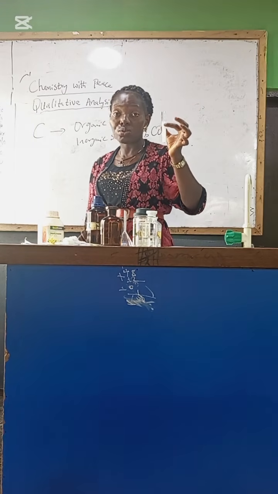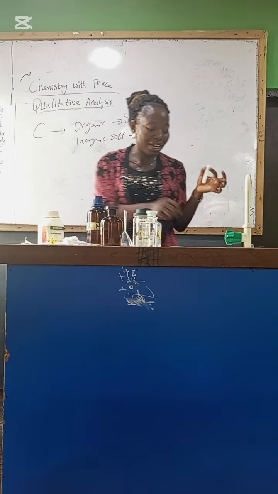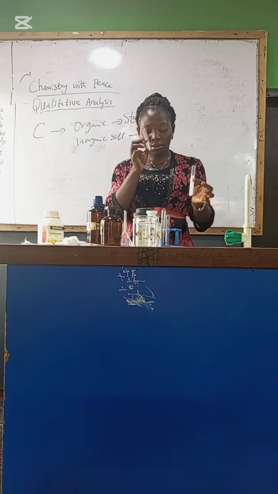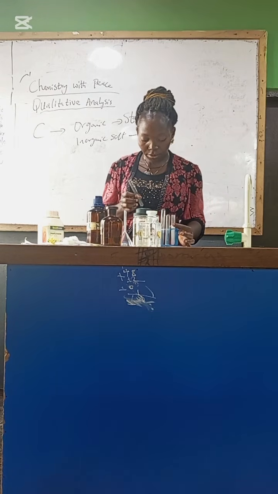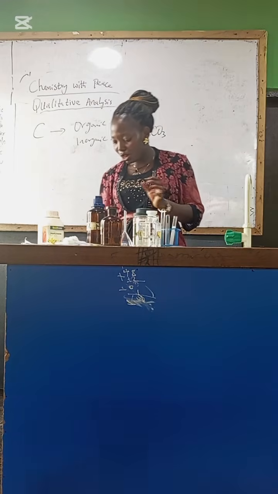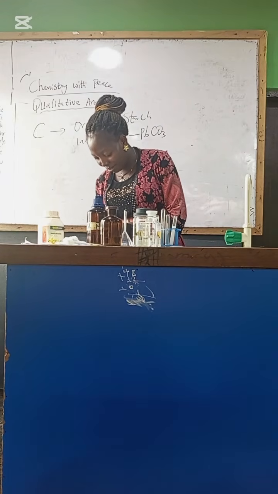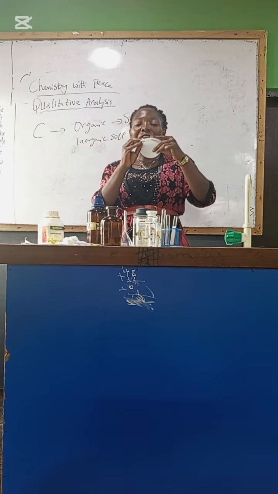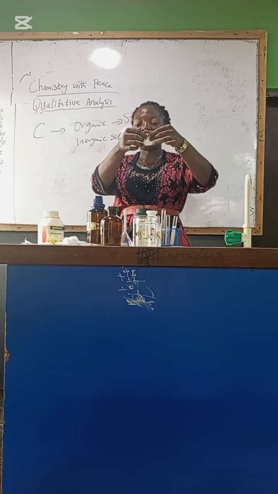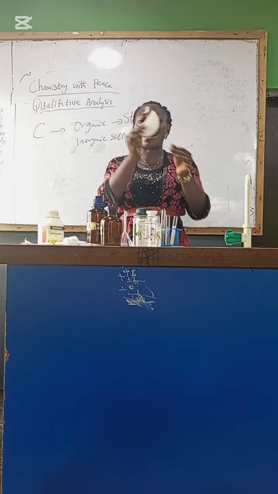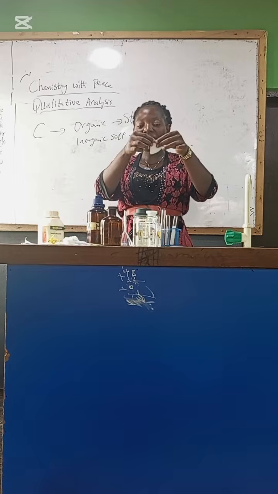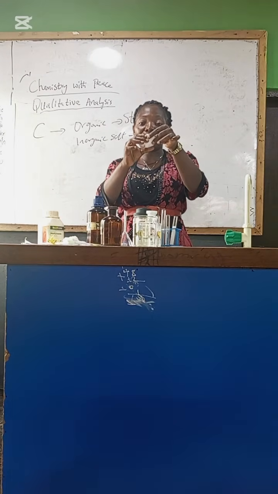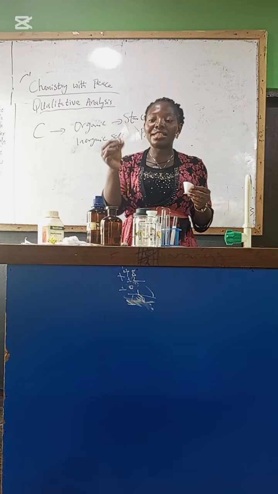At this point, we are going to filter it. We filter using the filter paper. Here is a filter paper. How to filter? Divide it into half, then divide it again. As you divide again, just open one side of it. Can you see it? This is my funnel.